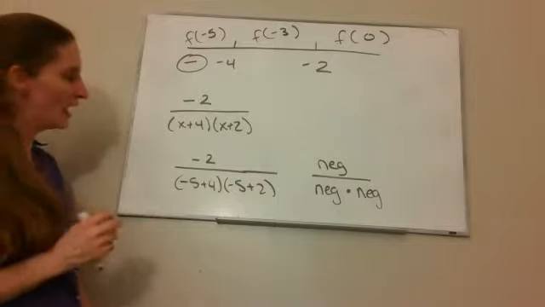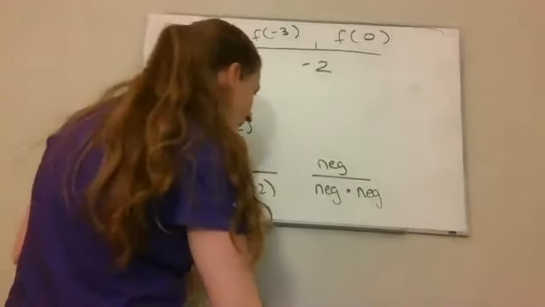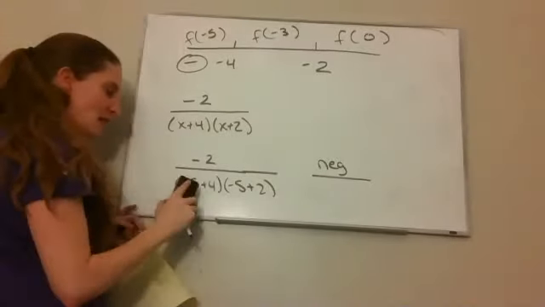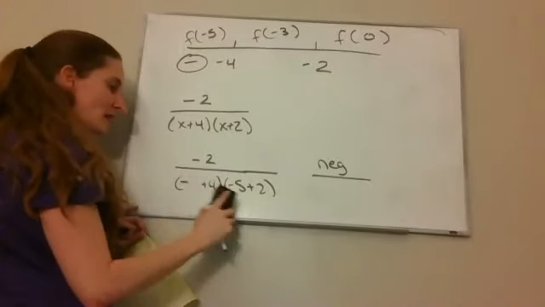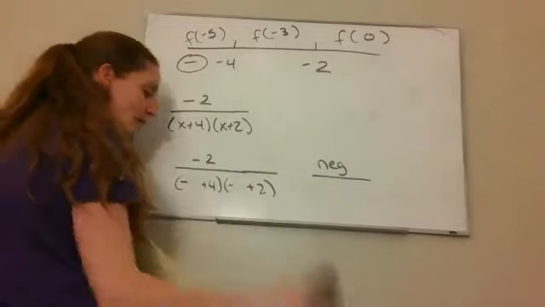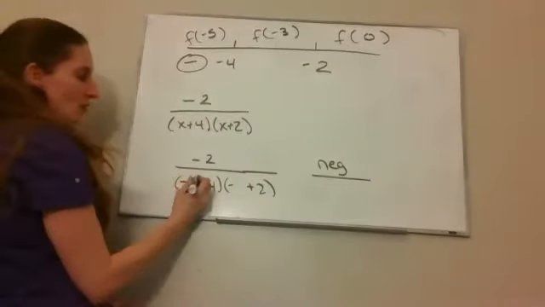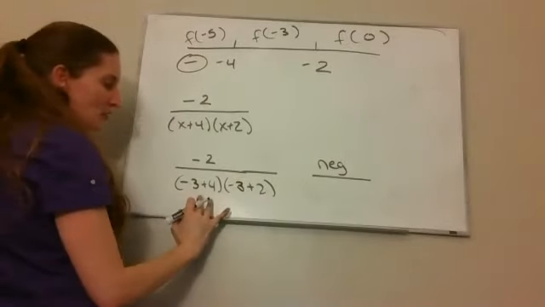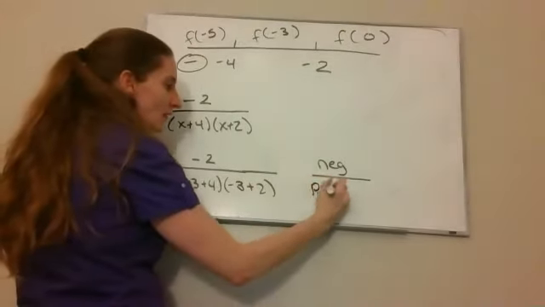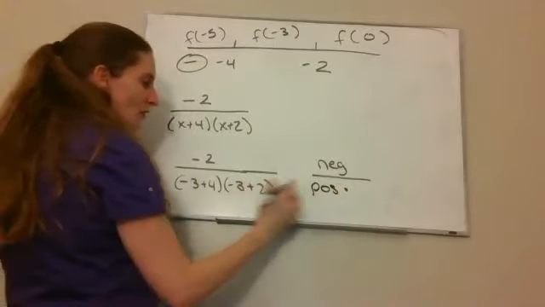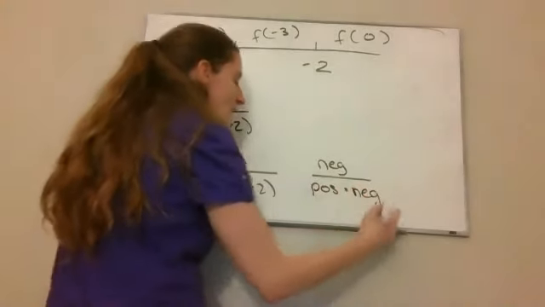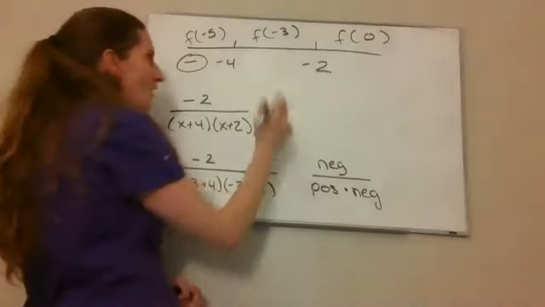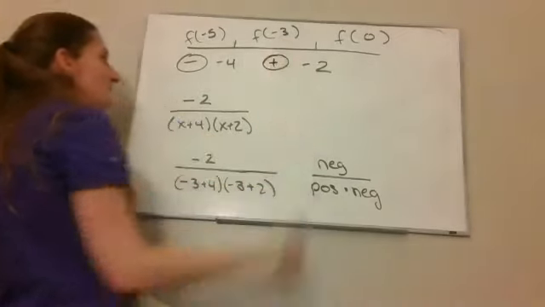Okay, now let's see what happens with -3. I'm going to leave that negative written on the top because that -2 is always going to be negative, no matter what we plug in. So if I plug -3 in for x, my denominator, -3 plus 4 is positive, and -3 plus 2 is negative. So my denominator is negative, but negative over negative makes it positive.